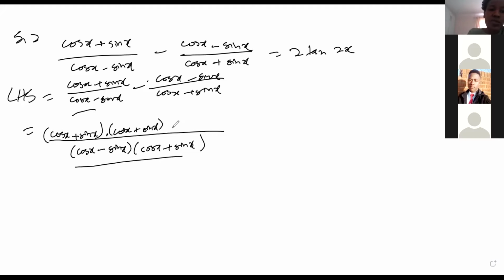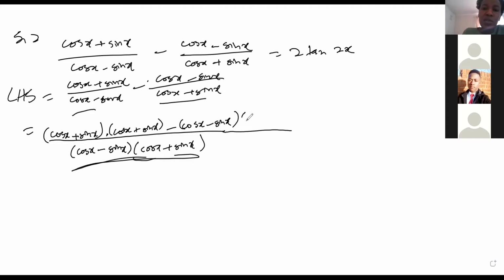Then we bring this one down, minus (cos x minus sine x). Don't forget to put it in the bracket so that you still have your signs correctly. Dividing by that gives us cos x plus sine x. If I make a mistake, please correct me, because we will have to come back when we've done a lot of work.